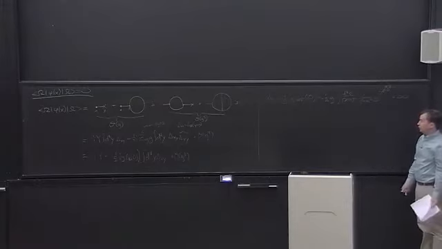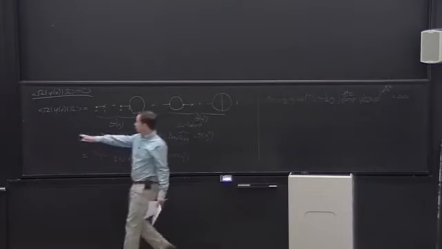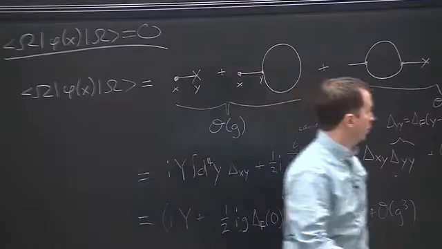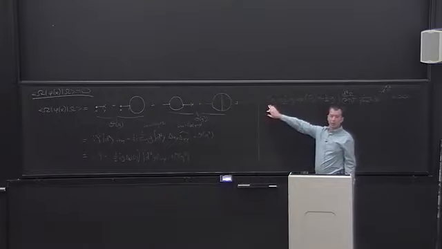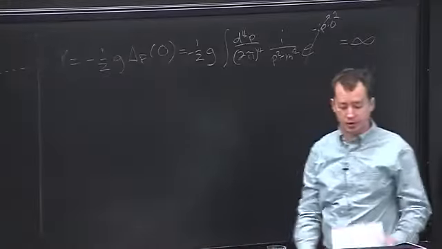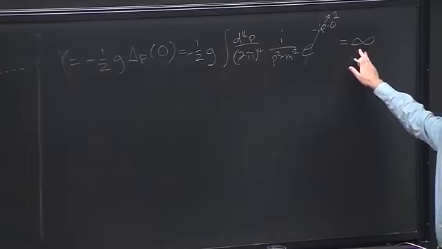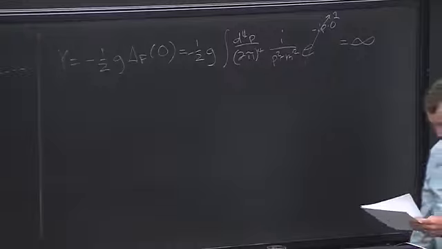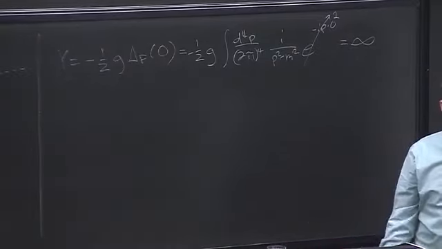So we can impose this condition at the cost of having an infinite counter term, an infinite term in our Lagrangian. So that may concern you, but it's, in a sense, not that different from what we saw in the Casimir effect.